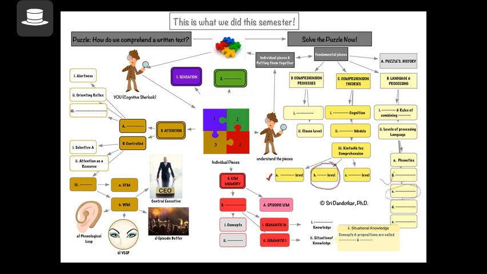Then you can think of a different set of representation that is both a subset and a superset of the text-based representation. If the text base stores all the available propositions or paraphrases of the sentences you've read, the situation model only selects the most important propositions from this.